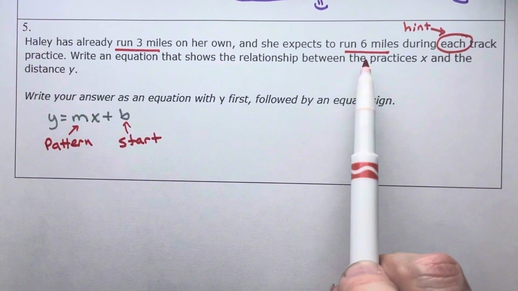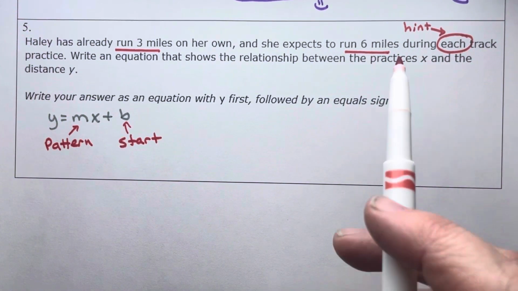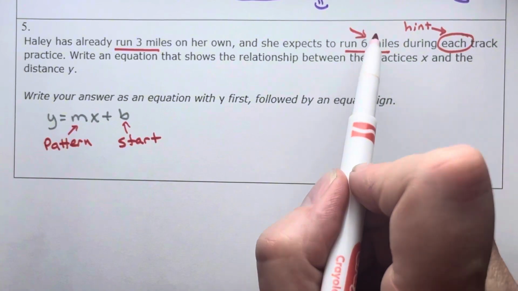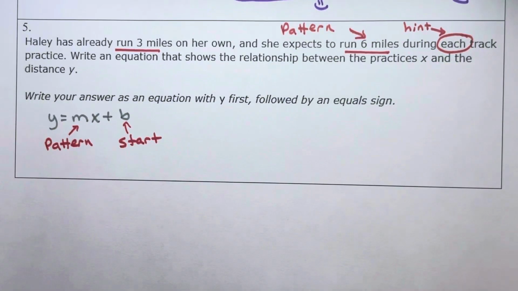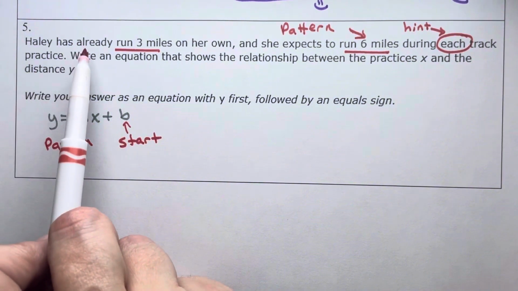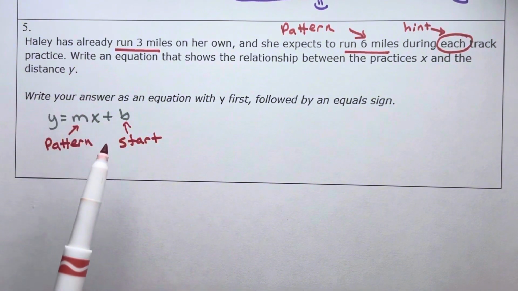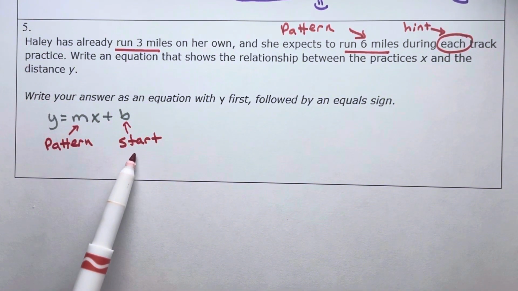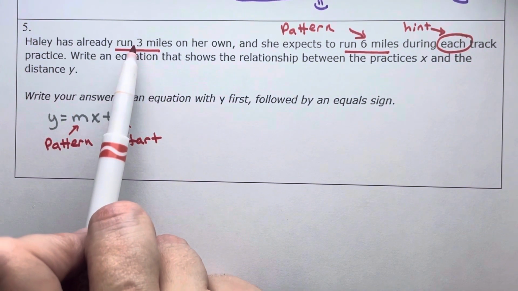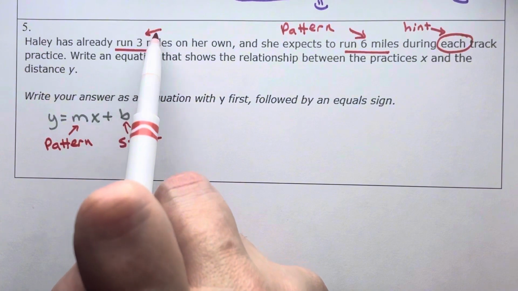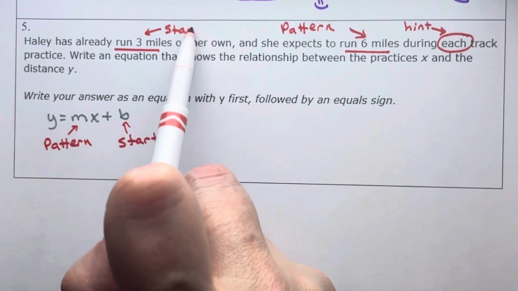On Wednesday, 6 miles. The girl can run. All right. So 6 is our pattern, which means that something that has already happened at the start of the problem, that would be the 3 miles that she has already run. So this is our start.